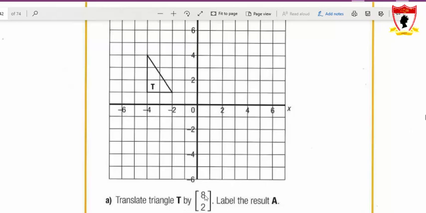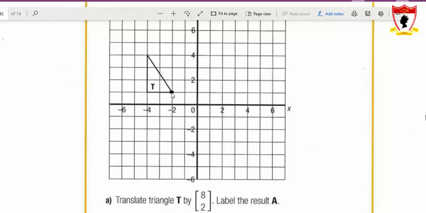So whenever you see a positive number here, it means 8 units to the right. Then to translate, we focus on one point, and let's move this point 8 steps to the right, and then the 2, which represents y, is also positive, meaning 2 steps up.